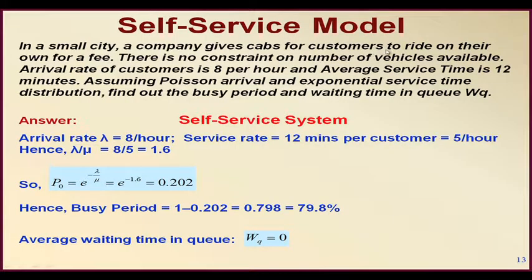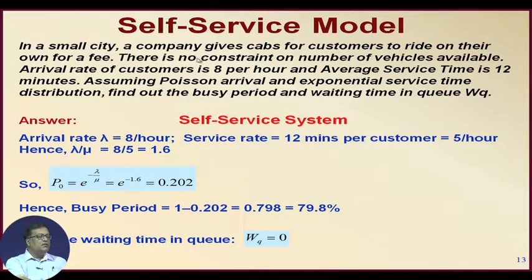So, that is the kind of advantage one can get out of pooling of resources. And what happens in self-service? The WQ is 0 because nobody waits. Look how the problem changes. The company gives cabs for customers to ride on their own for a fee, but then there is no constraint on the number of vehicles available, because that is the constraint.